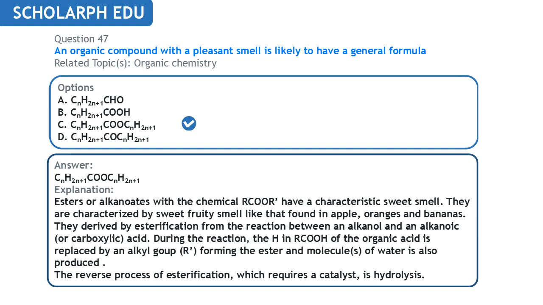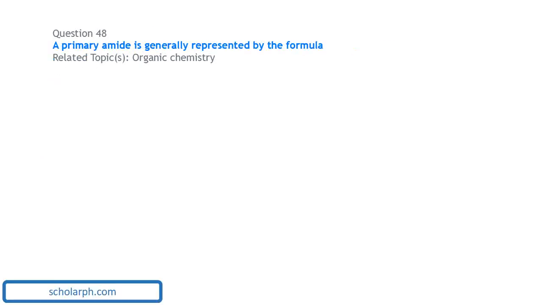So this will be CnH2n+1 COO CnH2n+1. These alkanoates are derived from an esterification reaction between an alkanol and an alkanoic acid. So when an alkanol reacts with an alkanoic acid, an ester or alkanoate is formed with water.